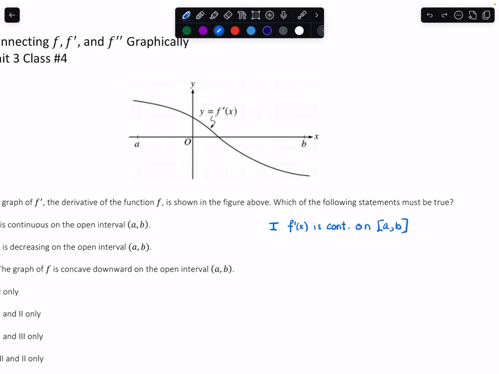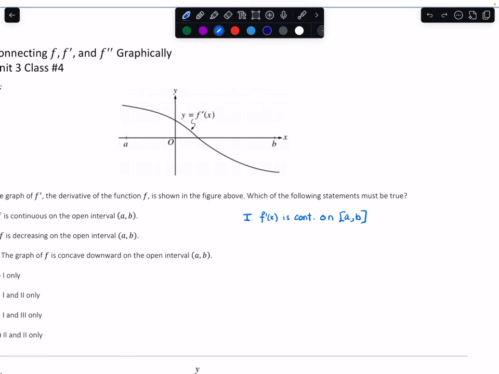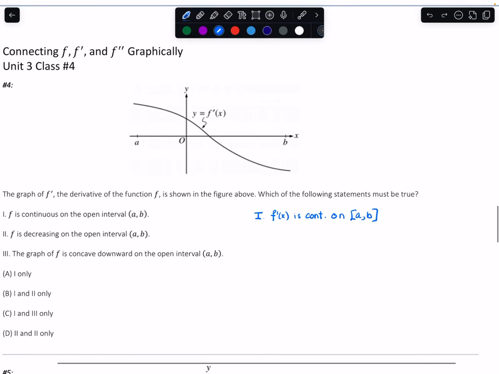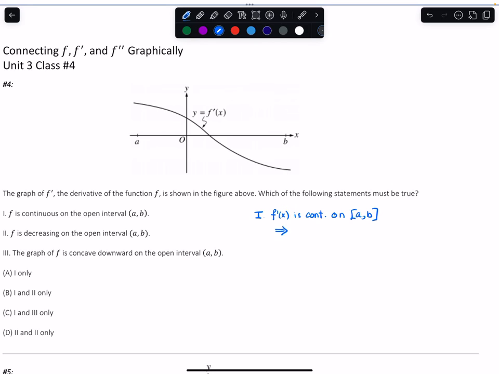We don't think about this too often, but if you're saying f prime is continuous, what that means is that its original function also has to be continuous, because f prime being continuous is the same thing as saying that f is differentiable on A to B. Sometimes you ask people, what does differentiability mean?